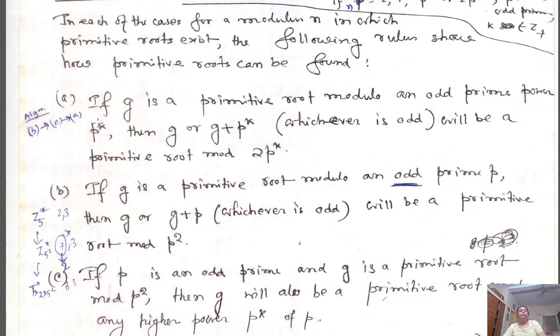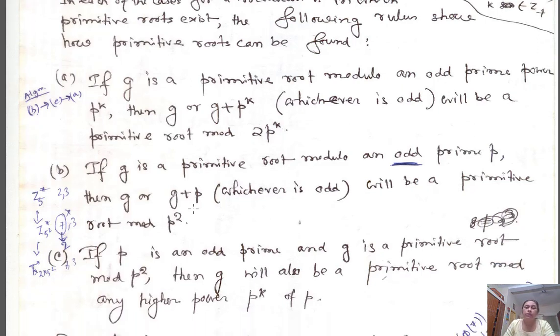So if you know the primitive root of p to the power k, then you can find the primitive root of 2 times p to the power k. So for 2 times p to the power k, the primitive root will be either this G, which was the primitive root modulo p to the power k, or G plus p to the power k.